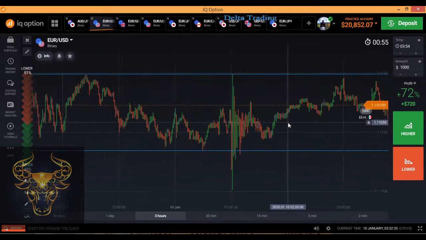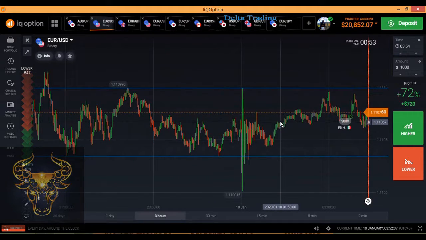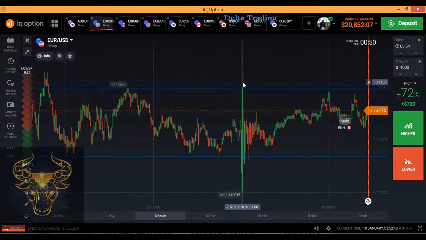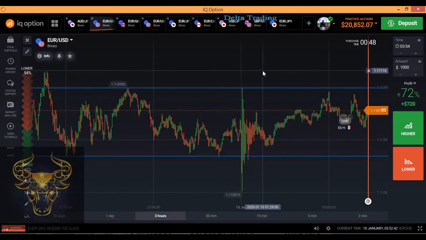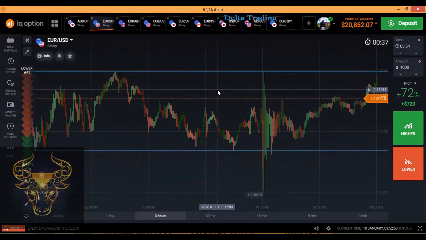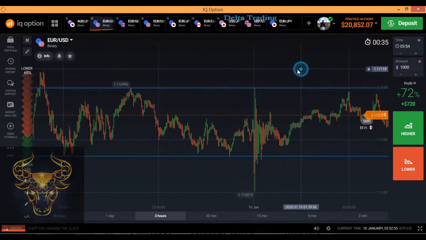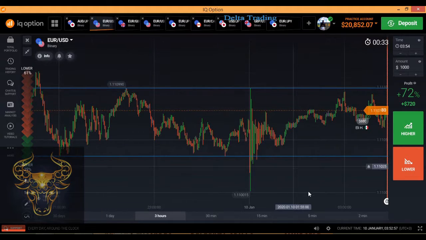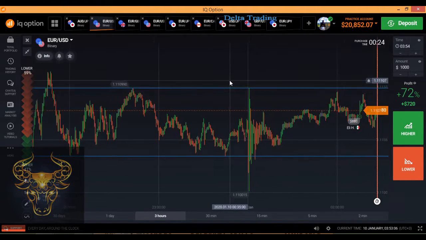First of all, why is it ranging? A ranging market happens because there are equal volumes of sellers and buyers. That is why the movement of the market maintains its price, or the asset price maintains its value, because there are many sellers and many buyers in equal volume.